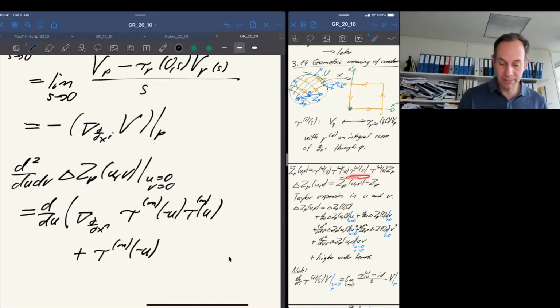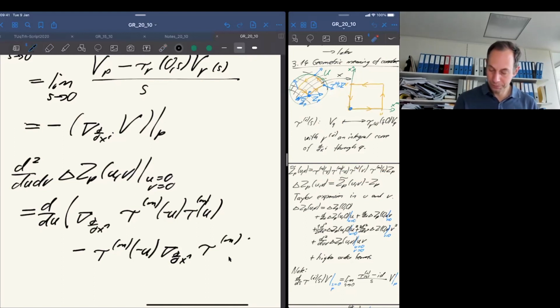Here I actually get a minus. So let me put the minus here, because it's a plus in the argument. So we get this minus here. Delta nabla e to the dx n, again go in the n direction in the v, and then the last term is a tau m of u.